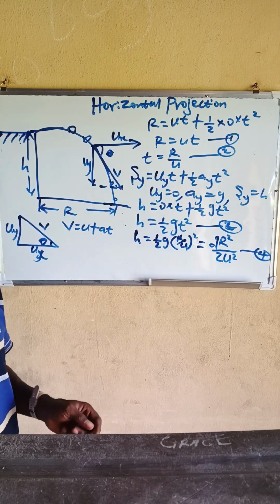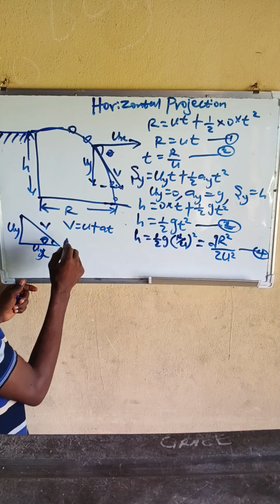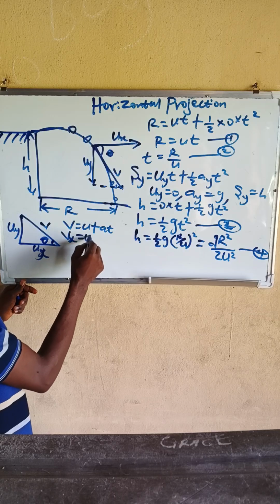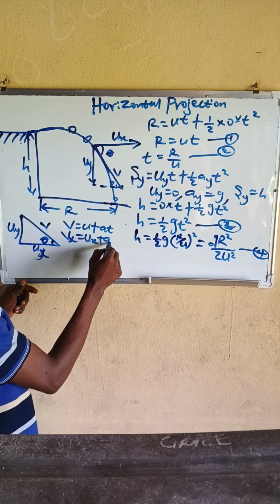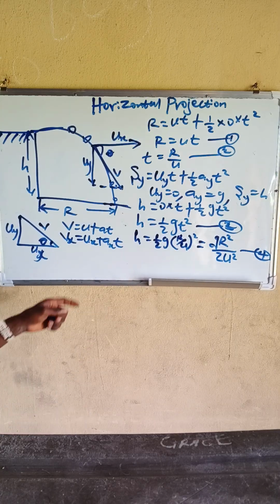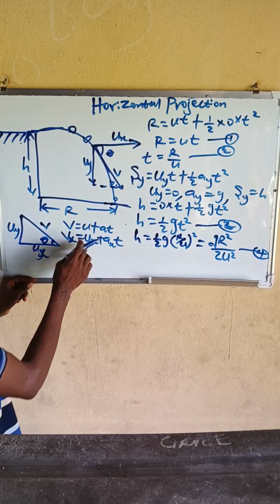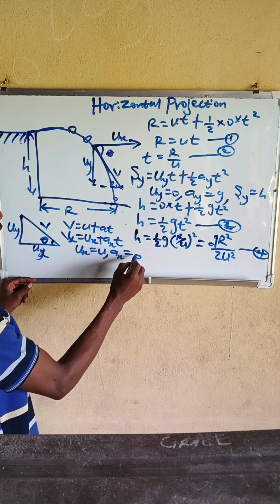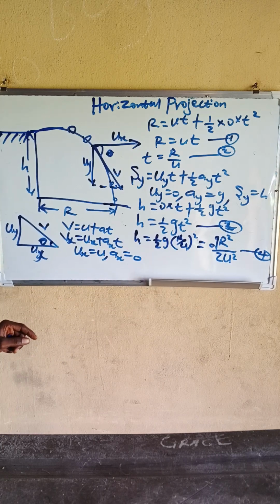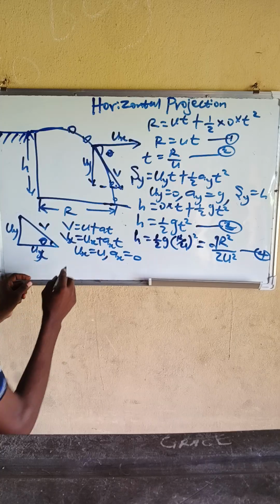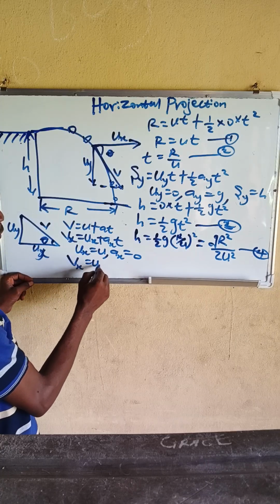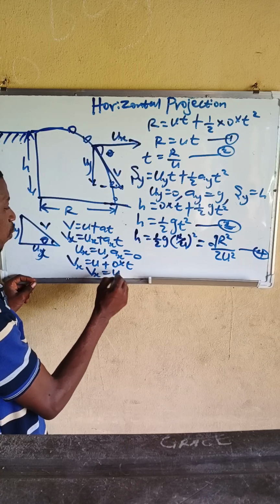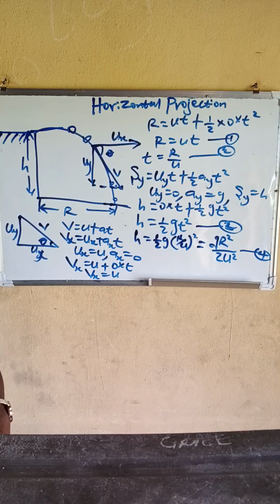Let's start with vx equal to ux plus axt. Ux is u and ax is 0. So wherever I see ux, I substitute u. This gives me u plus 0 times t. So vx is equal to u. That is the value of my vx.